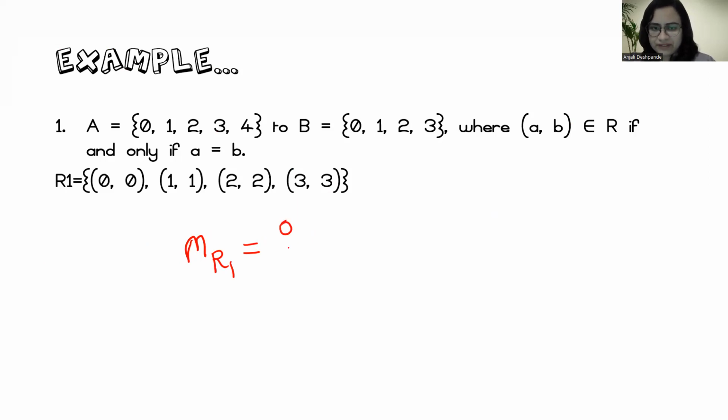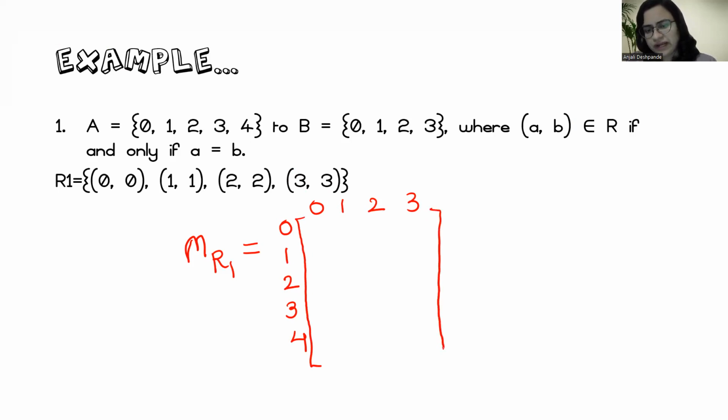So my first row will have 0, 1, 2, 3 and 4, and my columns will be 0, 1, 2 and 3. So this is my matrix. Now I'll have to populate the entries.